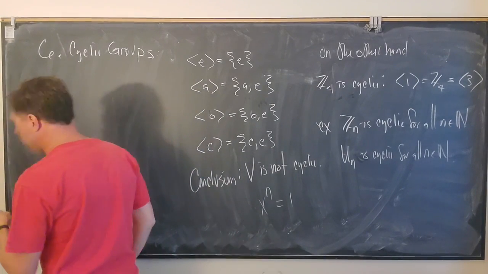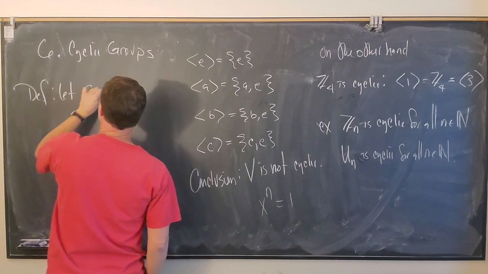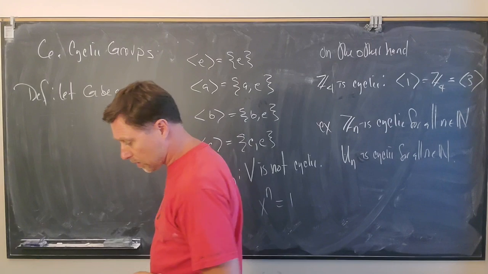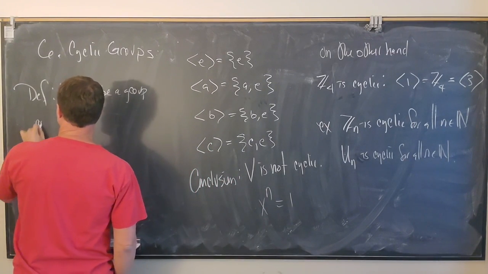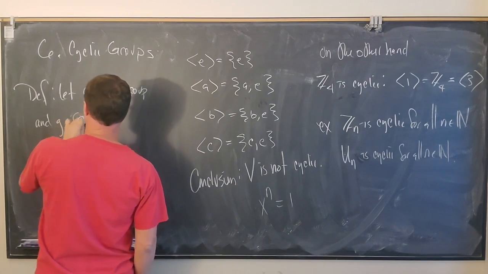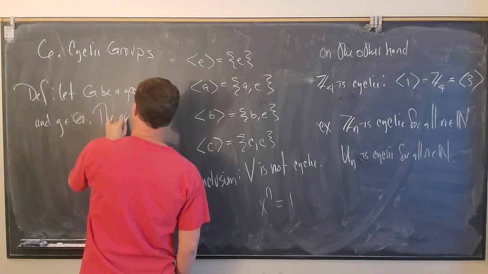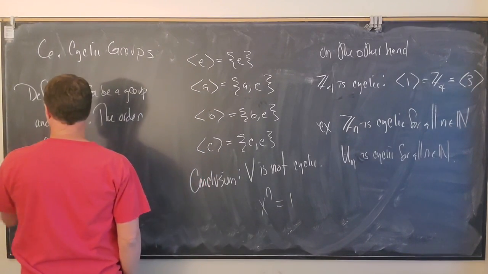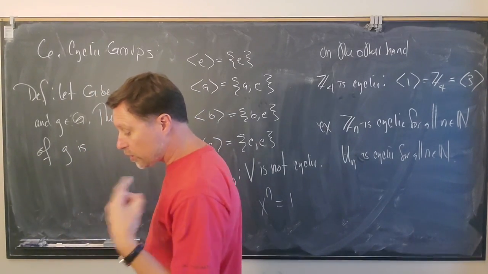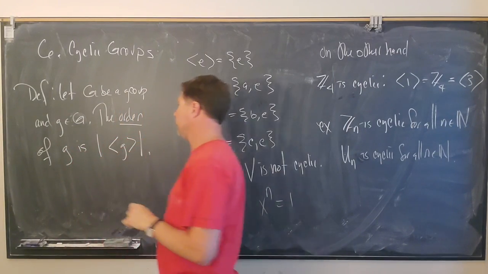One piece of terminology: let G be a group, and let's take some element, little g in capital G. The order of little g is the order of the cyclic subgroup generated by little g.